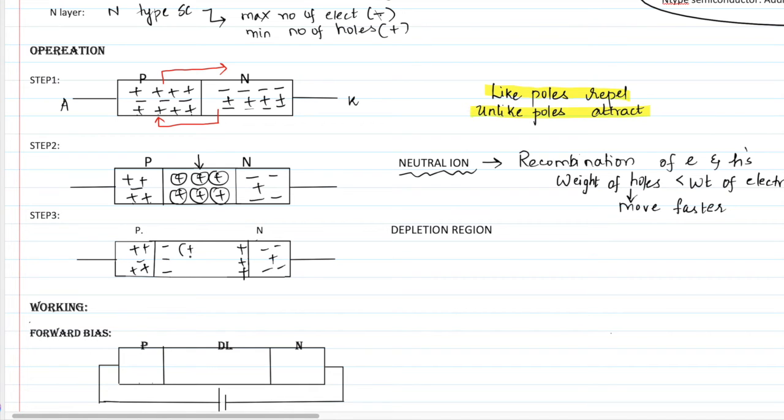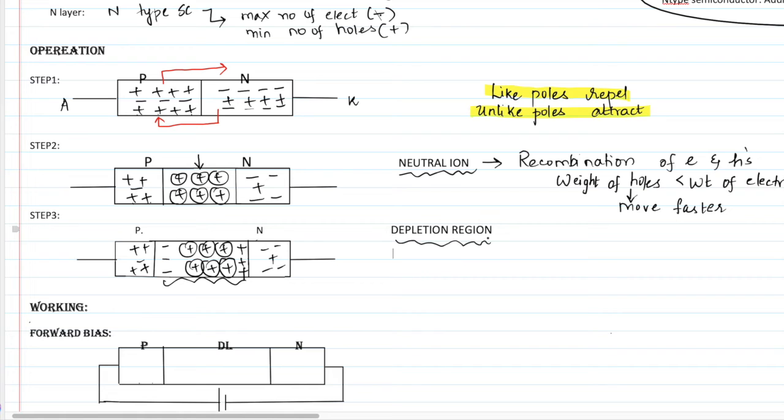And again there is a neutral ion which took place in the previous step. Okay, so due to the difference in the speed of movement of electrons and holes, the electrons from N layer will get settled at P junction and holes from P layer will get settled at N junction. Now this is called the depletion region.